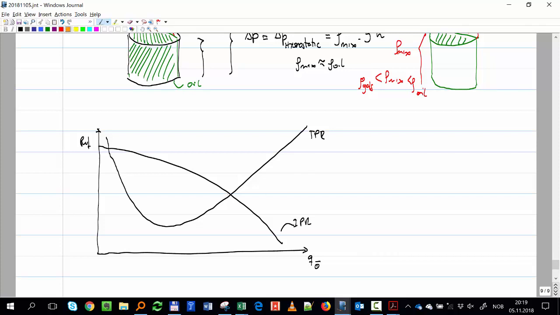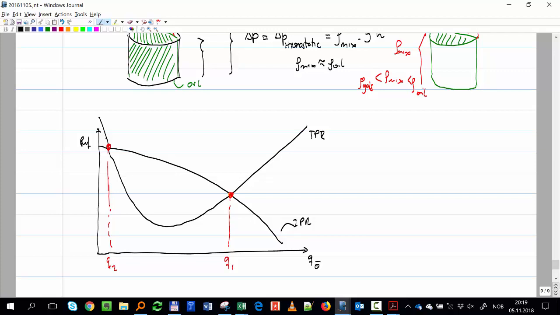I have two intersections, one here and one here. Uh-oh. So which one do you think the well is going to operate at? If I put this IPR and TPR together, where do you think they're going to operate, in Q1 or in Q2? For us it will be better if it operates in Q1, right? We get more rate, but we have to be sure how and when you operate on that rate.